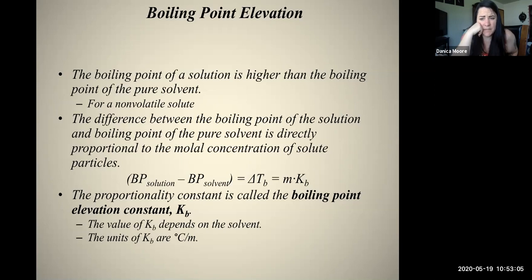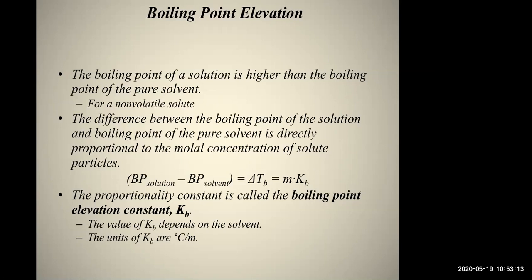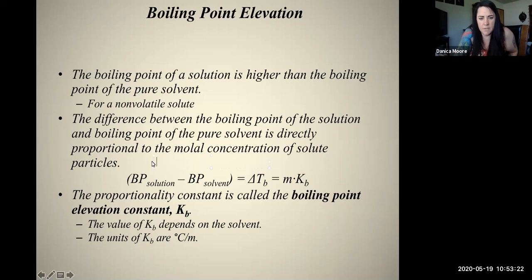You guys picking up what I'm laying down here? Kind of. You want me to write them out? If you want. This is kind of an important one for you guys to understand.